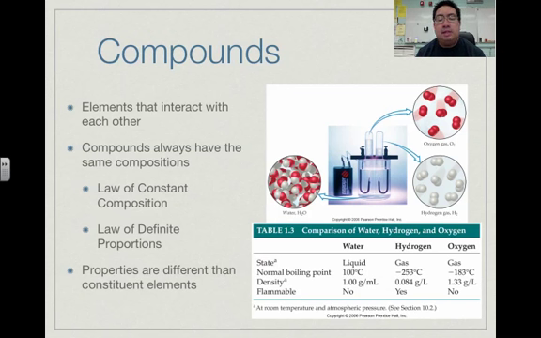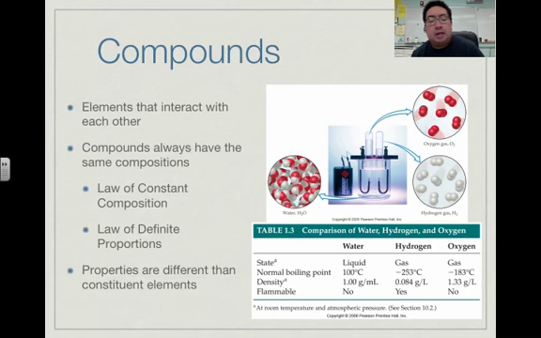Compounds are basic elements that have come together and are connected via a bond. Compounds of particular substances always have the same composition. So for instance, if I take water from here or water from the other side of the world, like in China or Australia, the composition is always going to be H2O, or two hydrogens for every one oxygen.